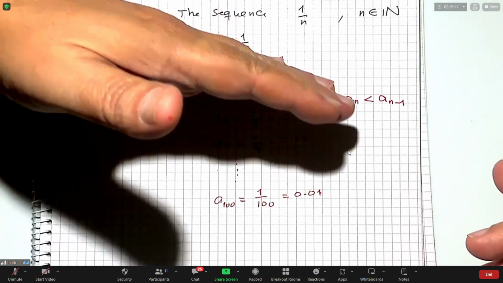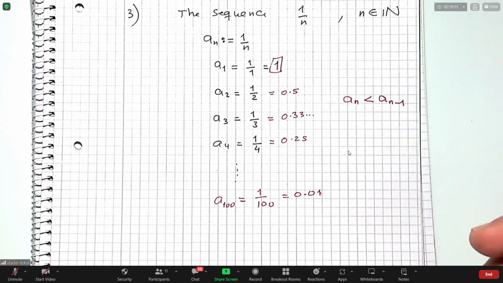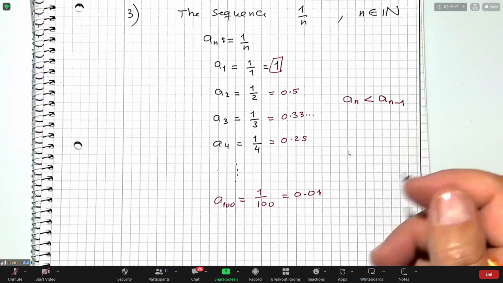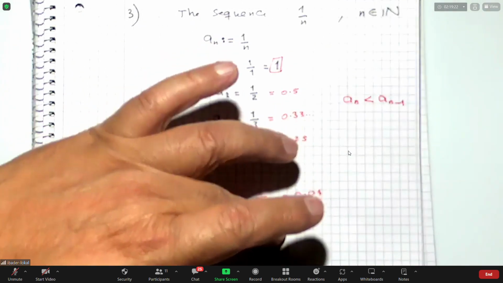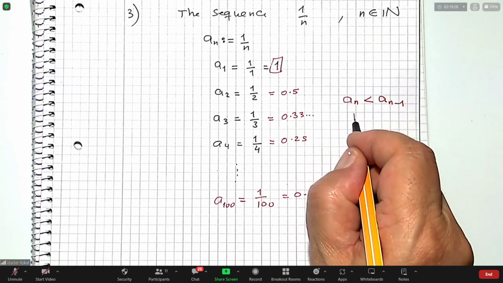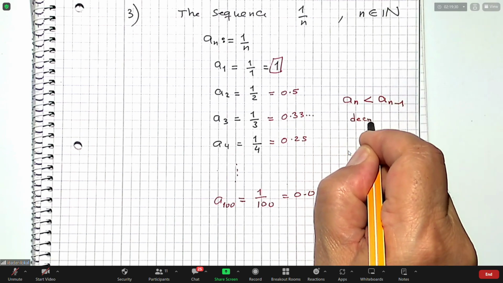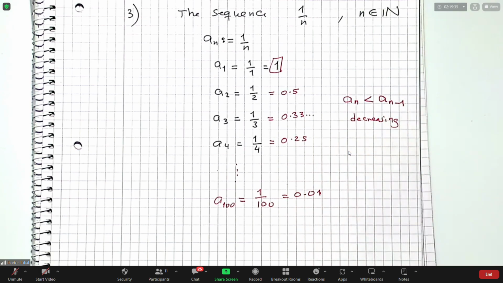That means the sequence can't go above 1. And if it goes down, it will approach 0. So at a very large number, as we move down here, it will get smaller and smaller and smaller. That's why we call this one a decreasing sequence, or strictly decreasing sequence, because obviously each term is less than the previous term.